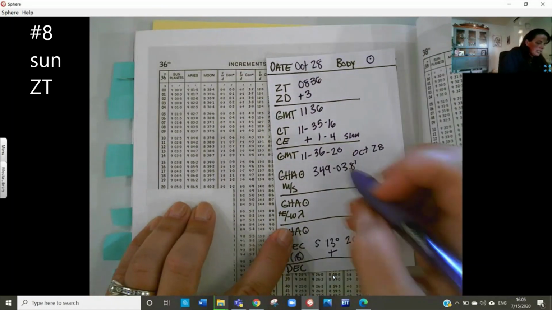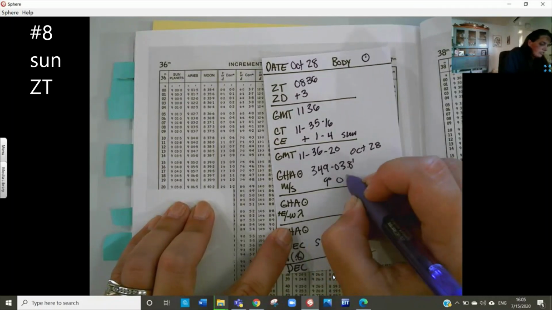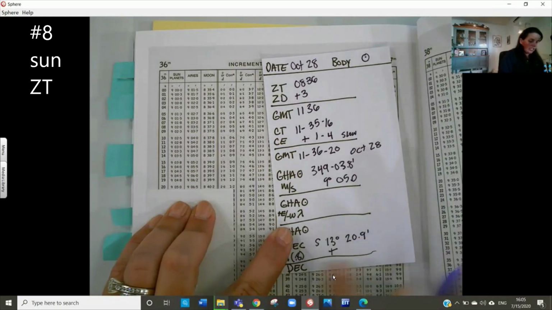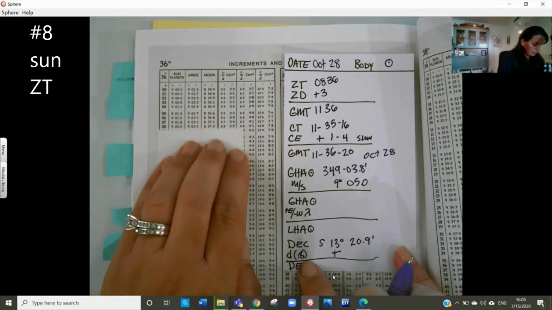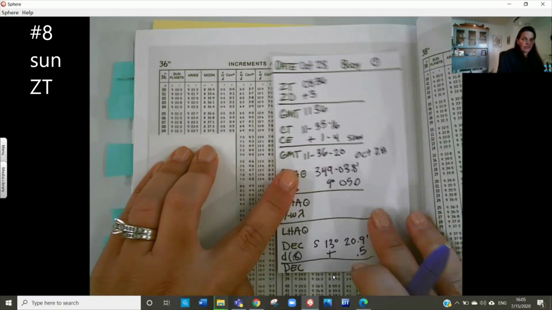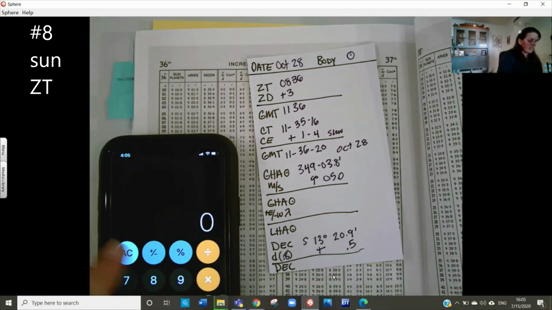Our minutes and seconds for the sun is 9 degrees 05.0. And our little d correction for 0.8 is going to be 0.5. So now we can use the calculator.